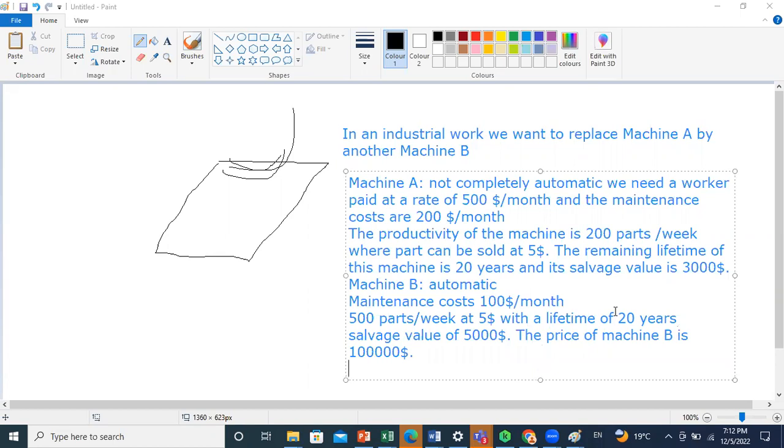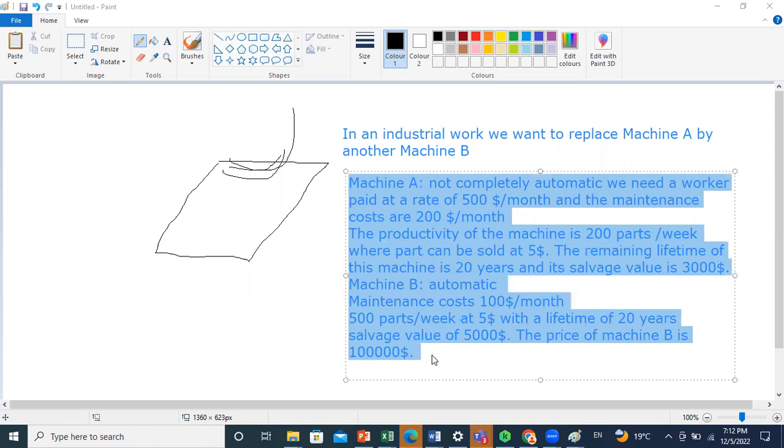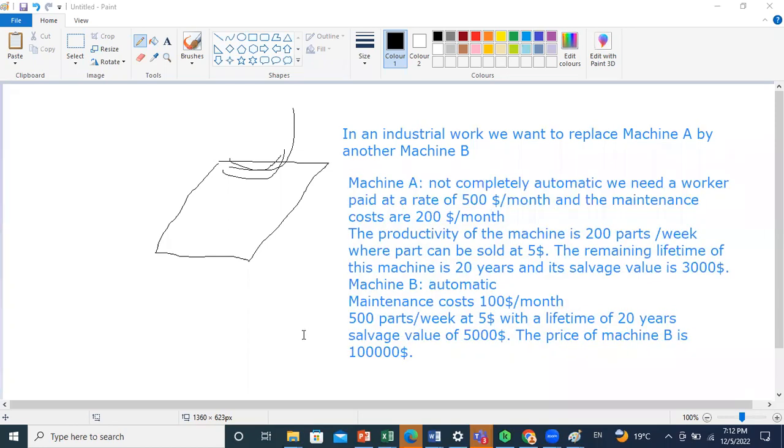Now we have several questions. To start with, we should calculate the ROI of the suggested change in the industry.